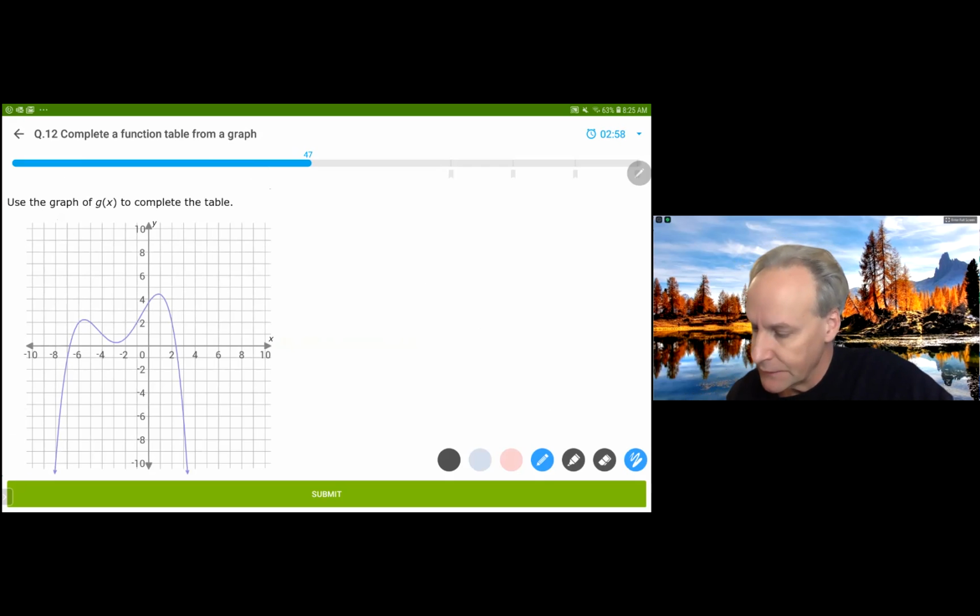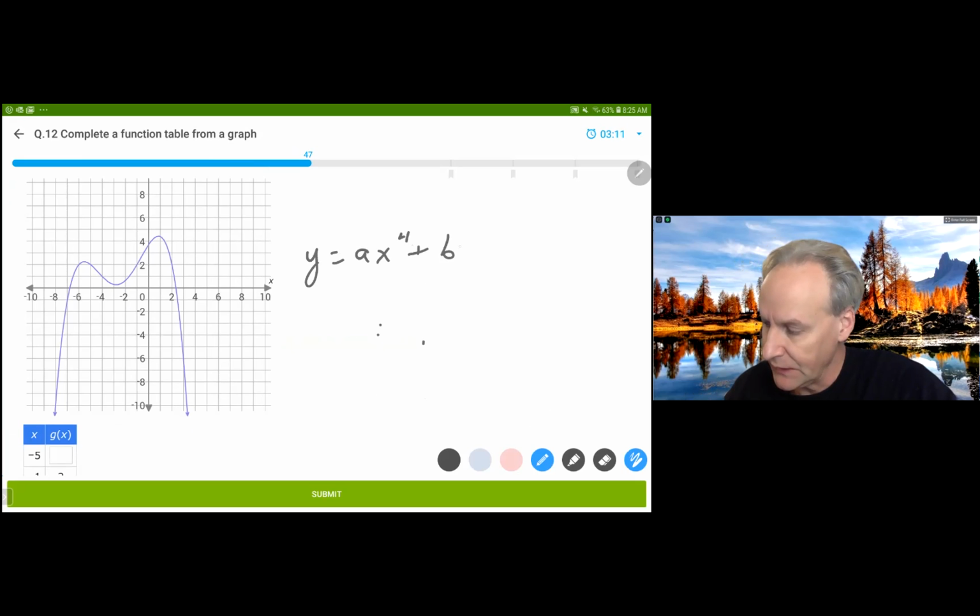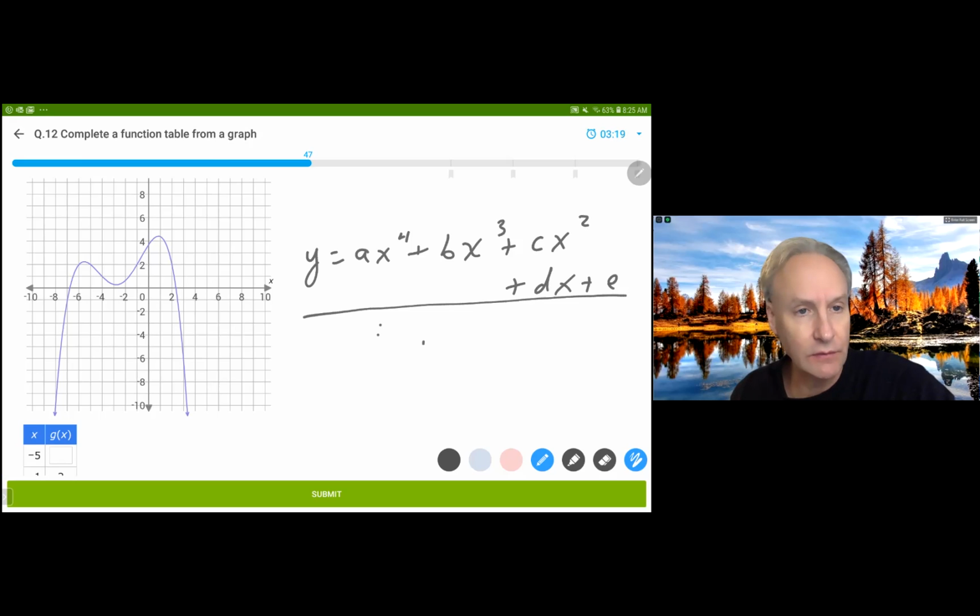Okay, this one is probably a 4th degree polynomial. And this means that it's going to be something that looks like y equals ax to the 4th plus bx to the 3rd plus cx squared plus dx plus e. Big, long polynomial.